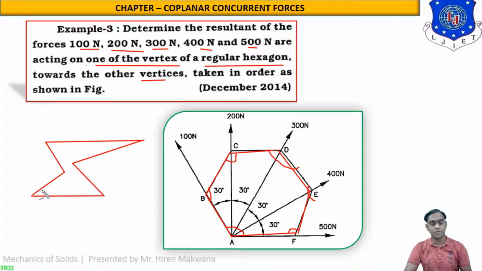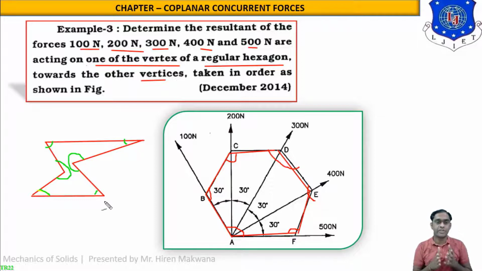While in this hexagon, let us change the color, you can see this is first, second, third, fourth, fifth and sixth, so all 6 angles are not equal. So this is not a regular hexagon.